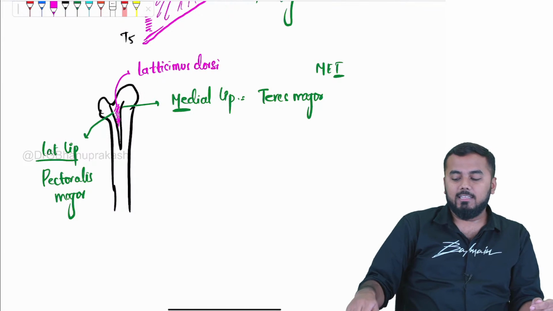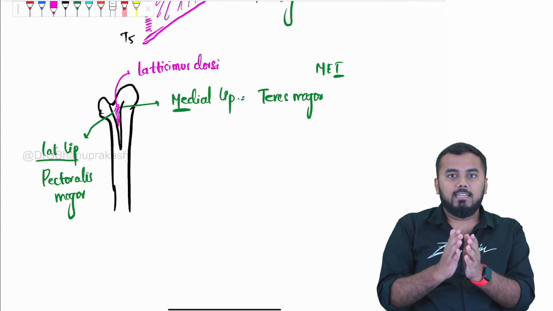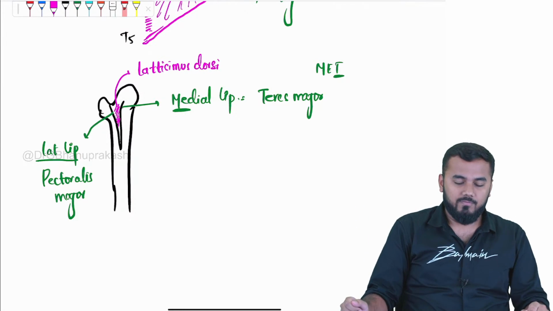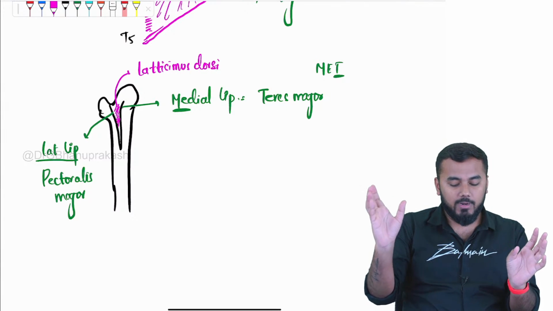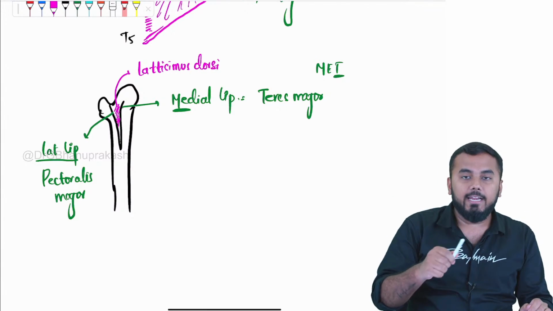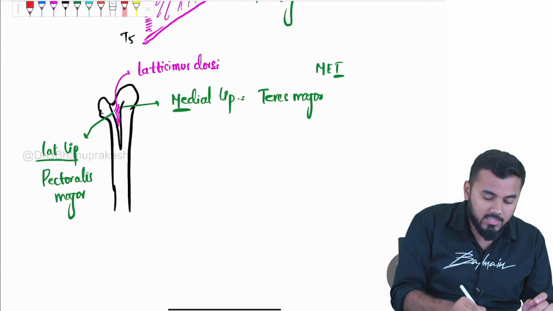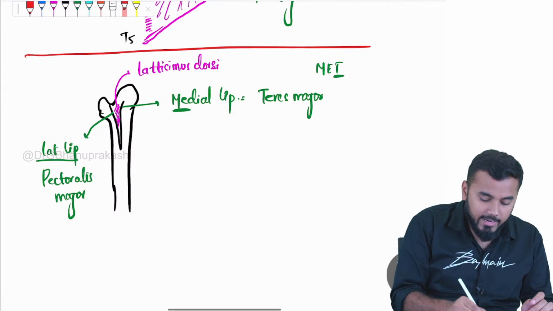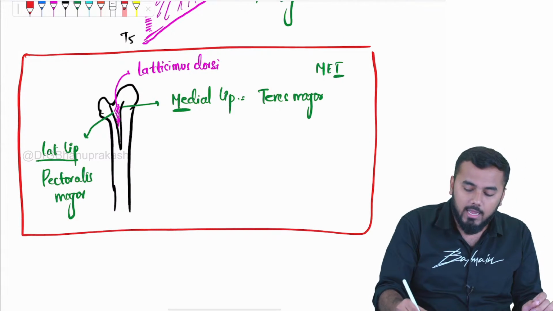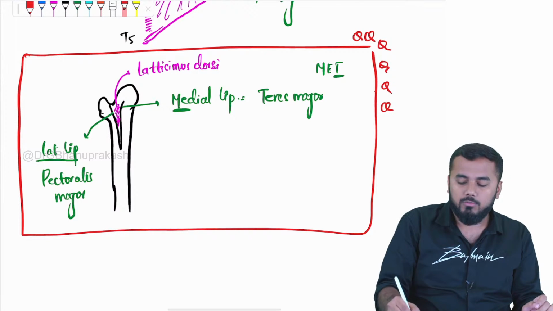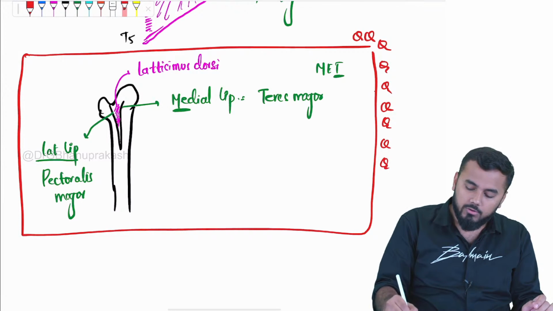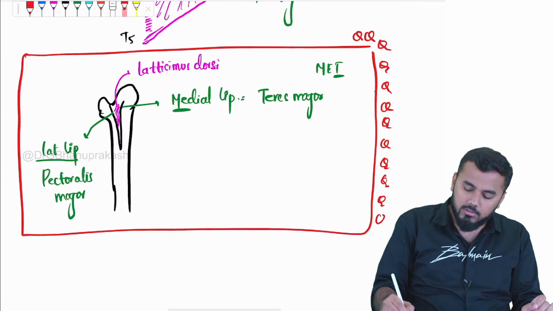So can I tell it like this? There is a lady sitting in the center between two majors. This lady is nothing but latissimus dorsi. The two majors are teres major and pectoralis major. Lady between two majors. This is a high yield MCQ. Wherever there is a confusing part, that will be an MCQ because they have to filter the students out, so they will definitely ask these confusing questions.